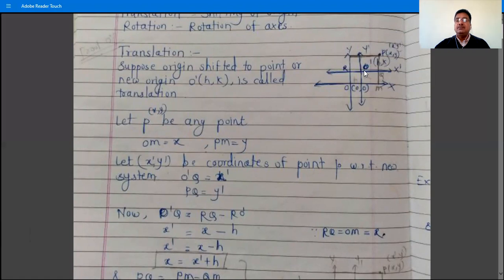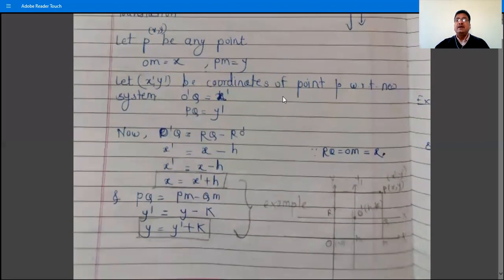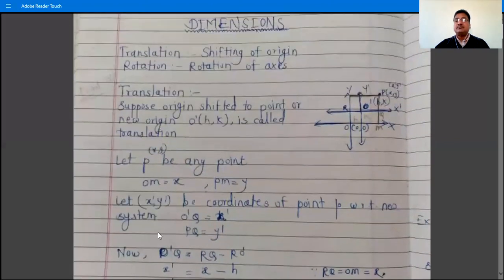But it is RQ minus RO dash. O dash Q is R to Q, that is RQ minus RO dash. And O dash Q is x dash.